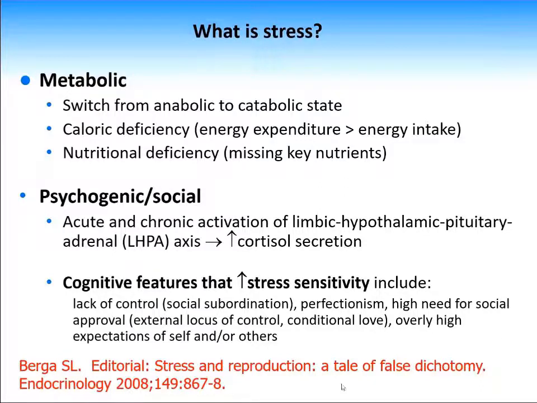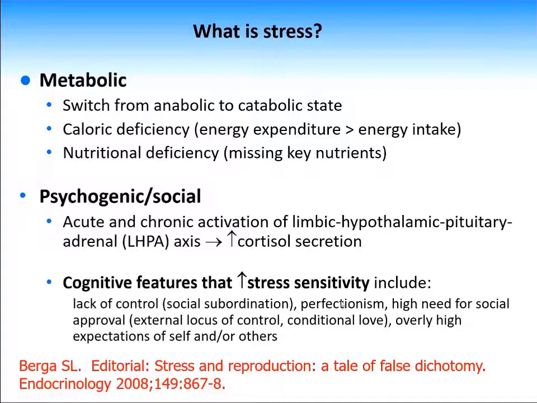And some of those cognitive features are shown below. So if you feel like you have no control, that actually is often called, in an animal model, social subordination. If you feel like perfectionism is required or necessary, these are attitudes or conditions that often lead to stress sensitivity.